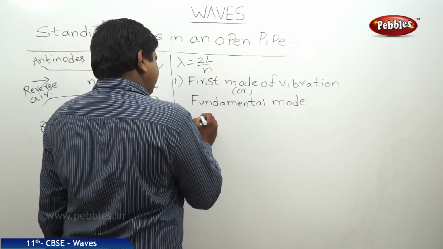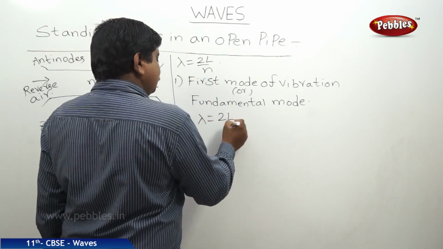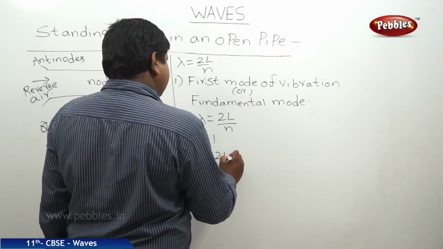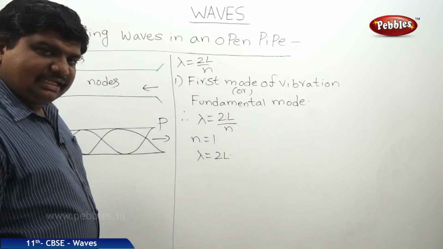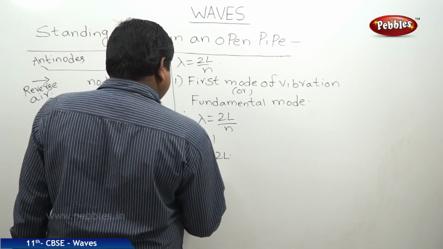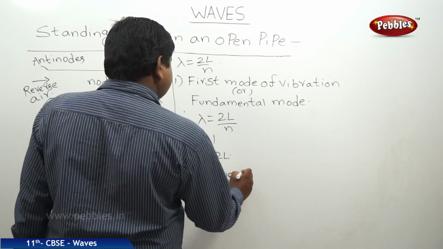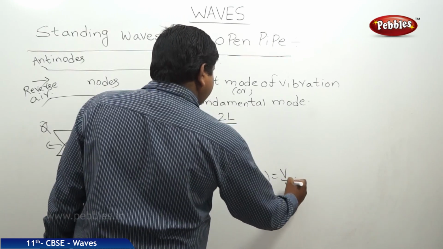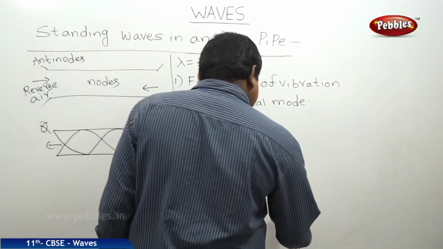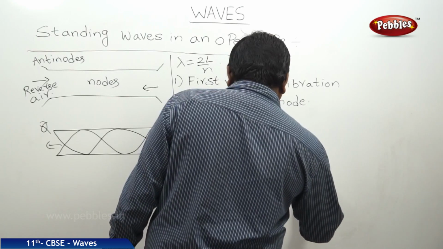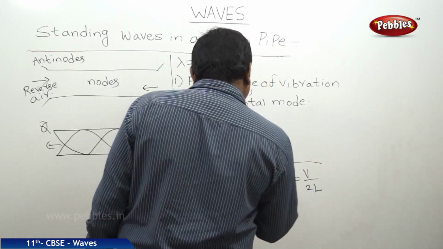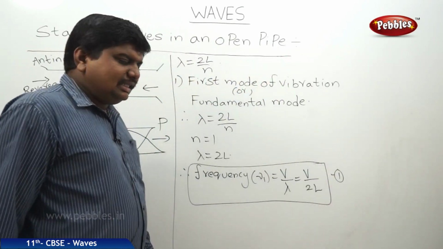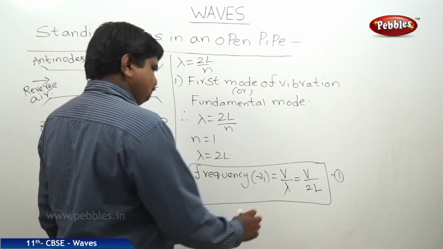Therefore, lambda is equal to 2L by n. The first mode means n is equal to 1. Therefore, lambda is equal to 2L. If lambda is equal to 2L, frequency nu1 is equal to V by lambda. Therefore, it is V by 2L. This is the fundamental frequency.